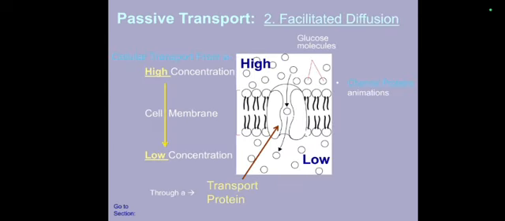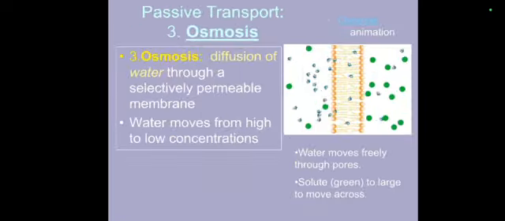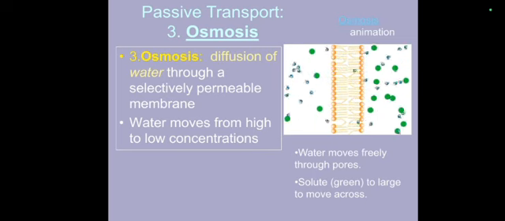Next, in cellular transport, molecules are transported from a higher concentration to a lower concentration. The glucose molecule is transported with the help of the transport protein from the higher concentration to the lower concentration across the cell membrane.